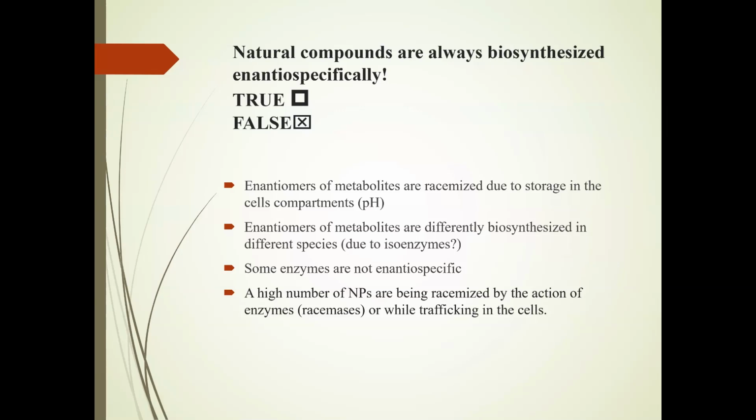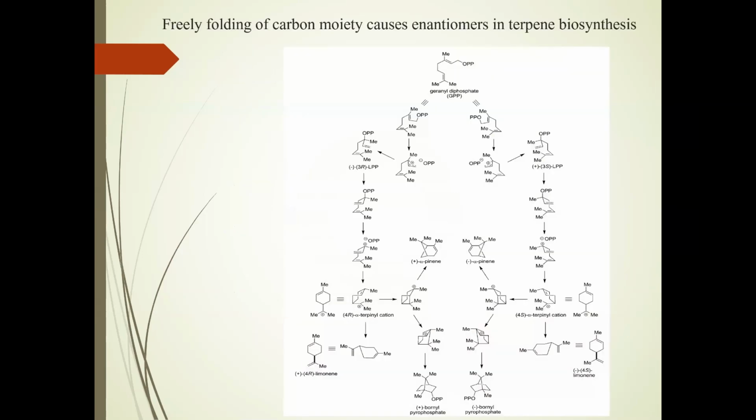And a huge number of natural products are racemized by the action of enzymes like racemases, or while trafficking in the cells. All these phenomena make a biological system and a metabolic system not enantiomerically pure. Let's have some examples of this.